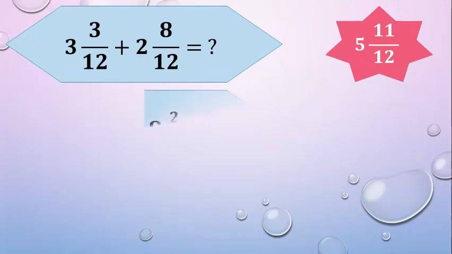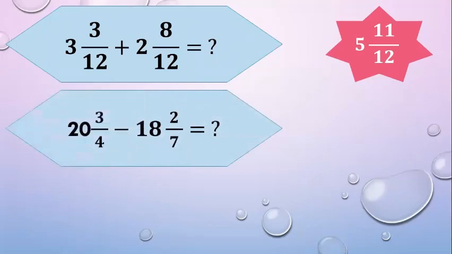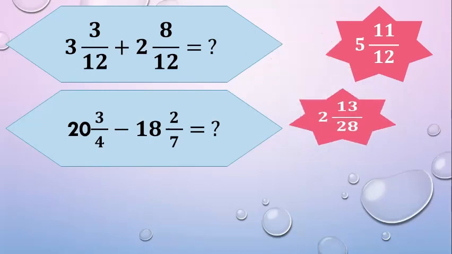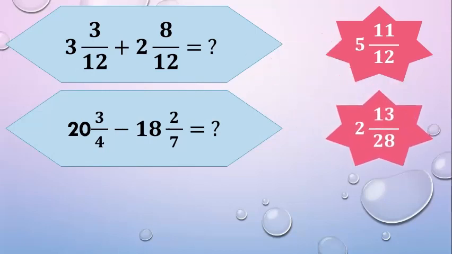Okay, next equation. 20 and 3/4 minus 18 and 2/7. Then second round. Time is up. So your answer is 2 and 13/28.